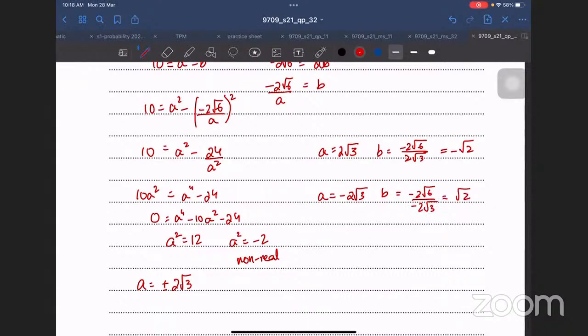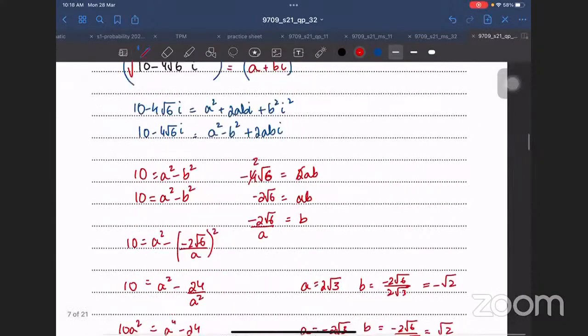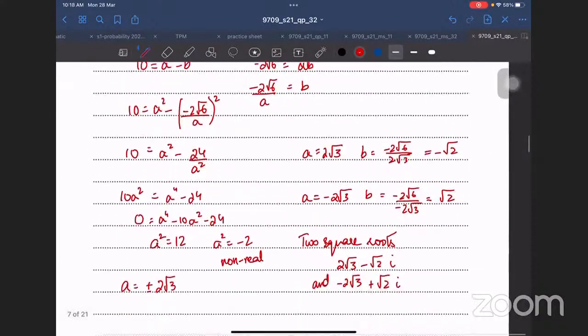Okay, so the two square roots are, what's your final answer? 2 root 3 minus root 2i and minus 2 root 3 plus root 2i. Those are the two square roots of 10 minus 4 root 6i.